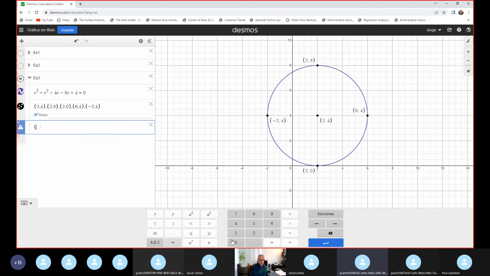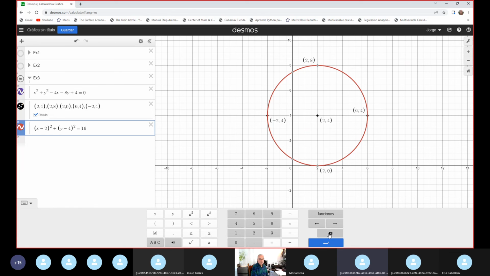Open the parenthesis, x minus 2, squared, plus open another parenthesis for the y part, y minus 4, squared, equal to 16. It is the radius squared. Oh, I put a double equal.